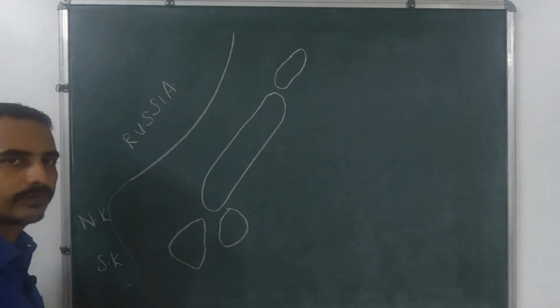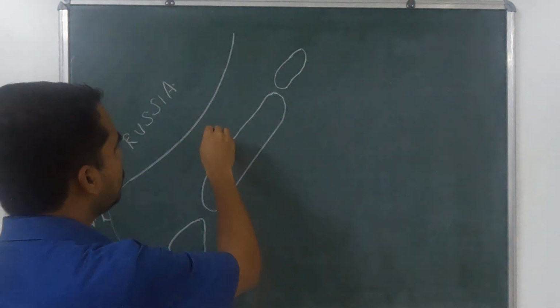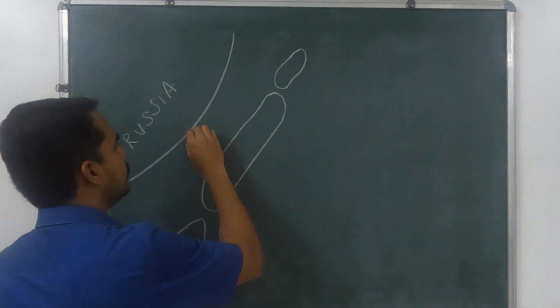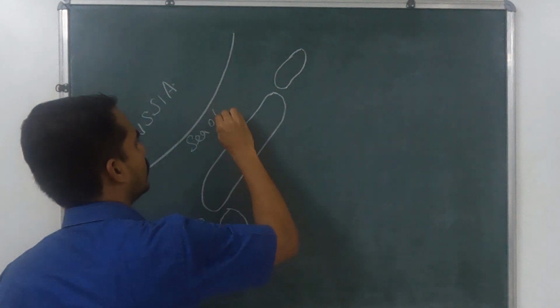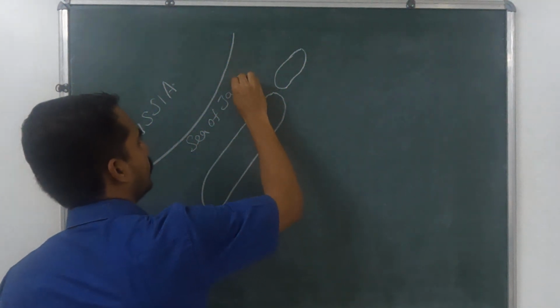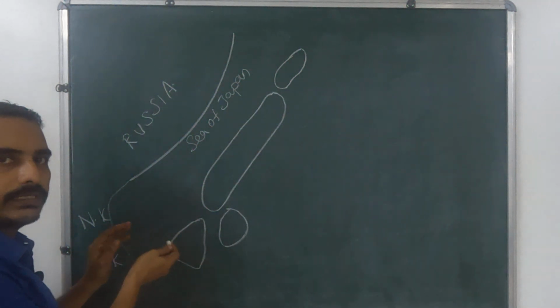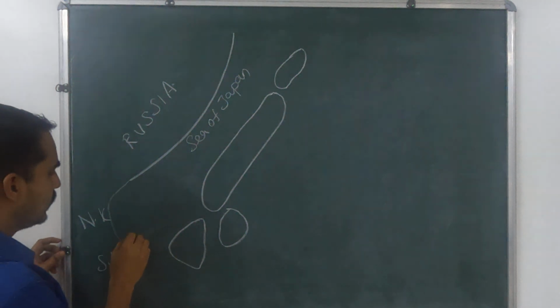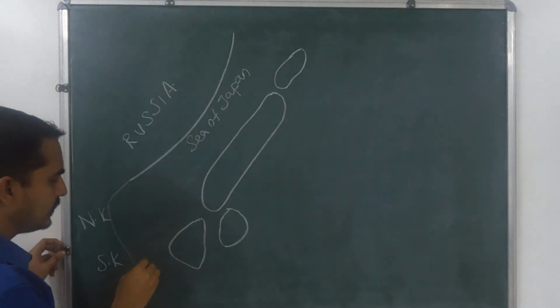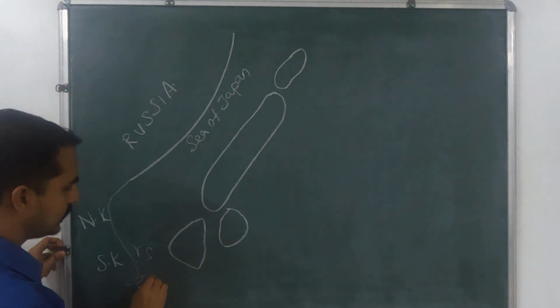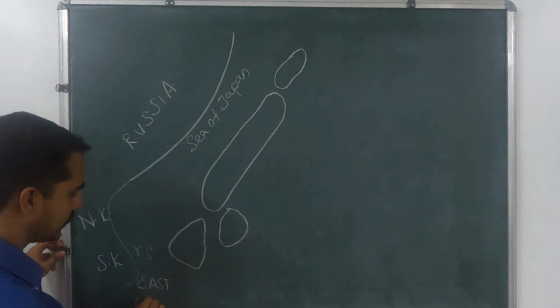Between Russia and the Japan islands, it is the Sea of Japan. Between the southernmost islands and the Korean Peninsula, it is the Yellow Sea and then the East China Sea.